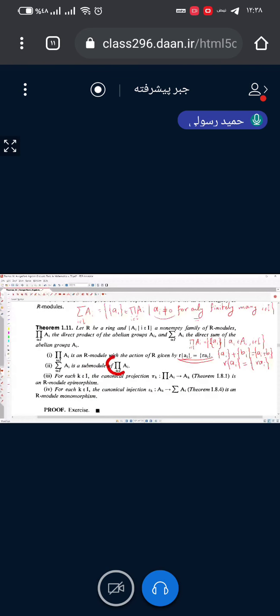And number 3, for each k in I, the canonical projection pk from product of AI to Ak is an R module epimorphism.